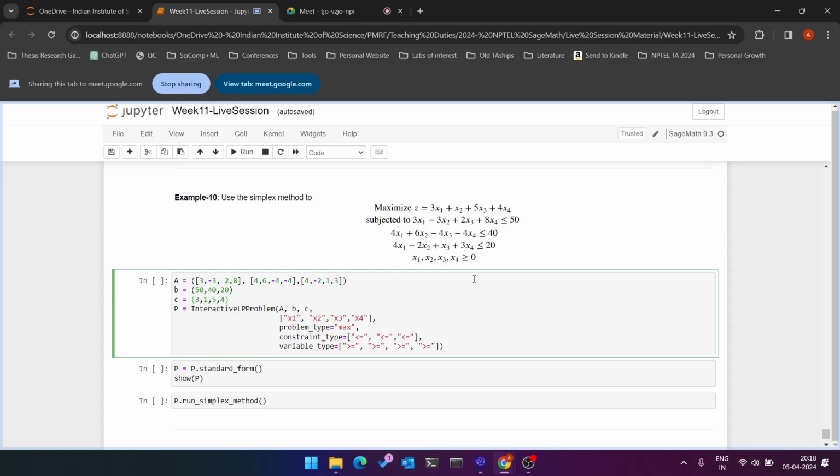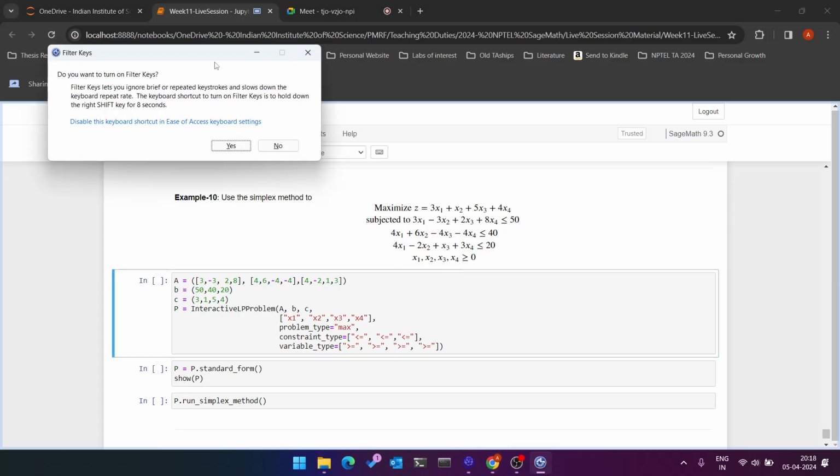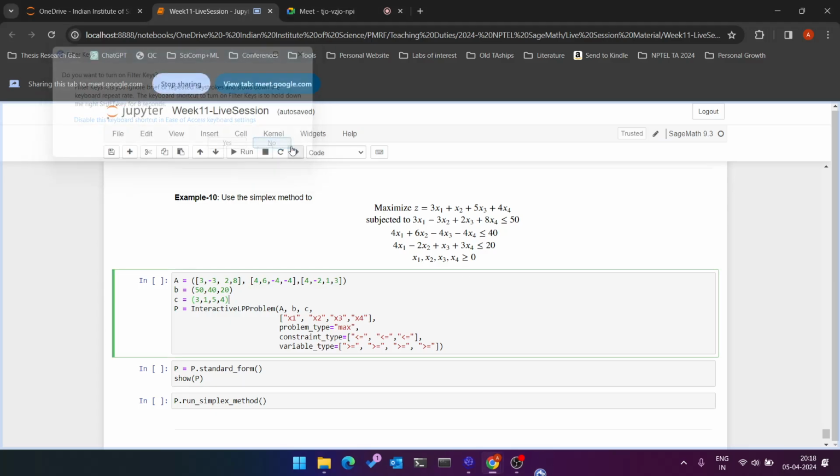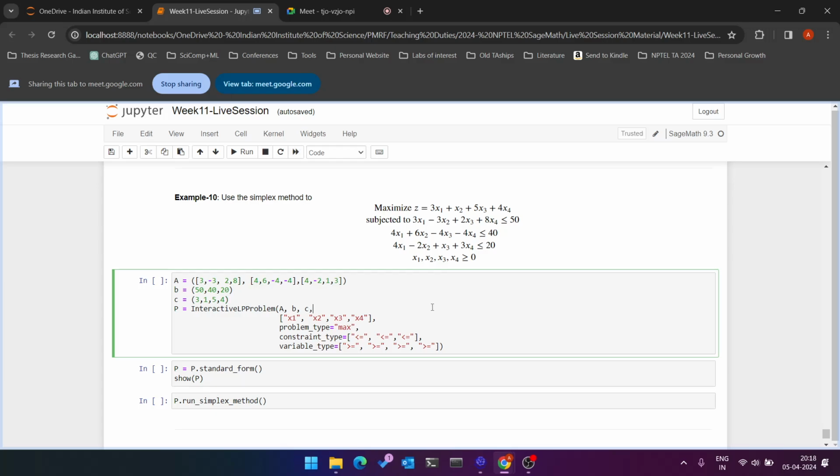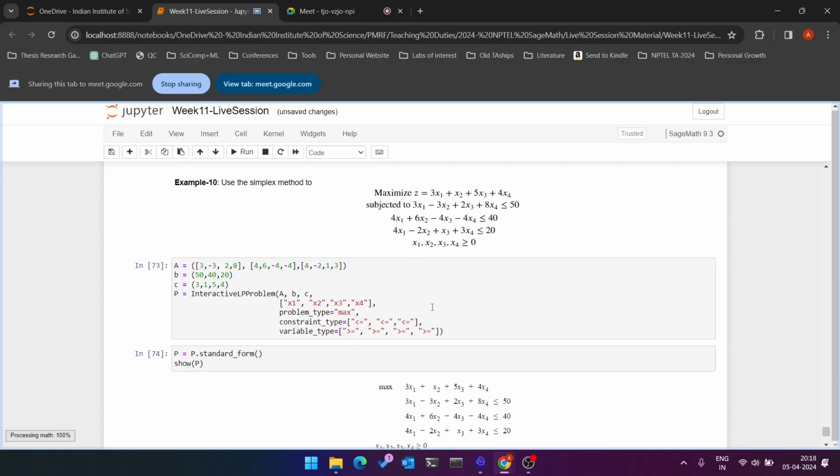I'll just specify my A, B, C matrices respectively and write down the LPP using the interactive LPP problem, and once I have that, I'll write it in the standard form.